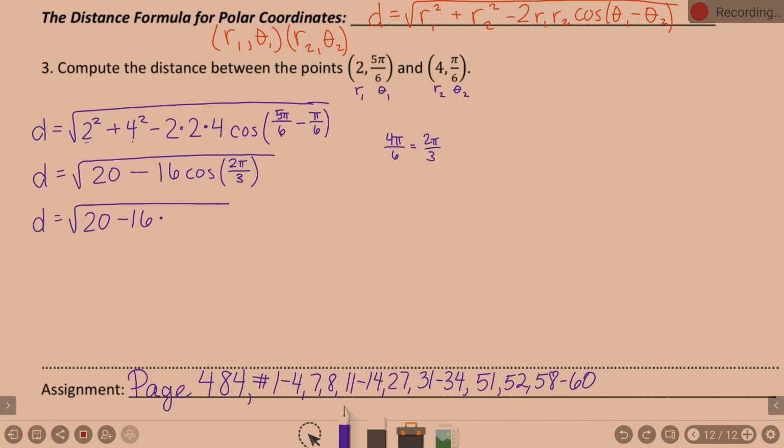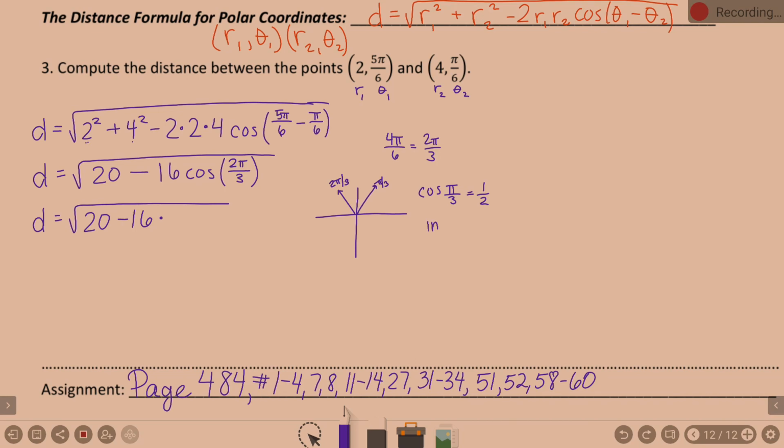Okay, well, cosine of 2 pi over 3, guys. We need to know, what do we know about pi over 3, right? The cosine of pi over 3, if you go back to your chart, is 1/2. Now, where is 2 pi over 3? 2 pi over 3 is over here in quadrant 2.